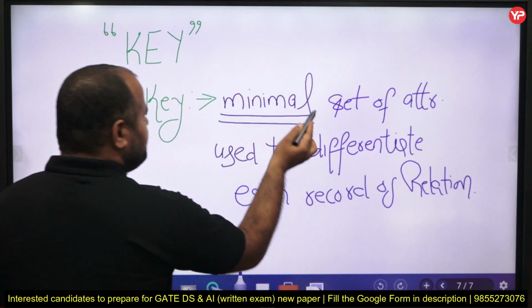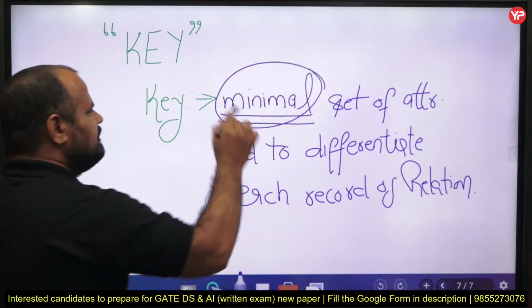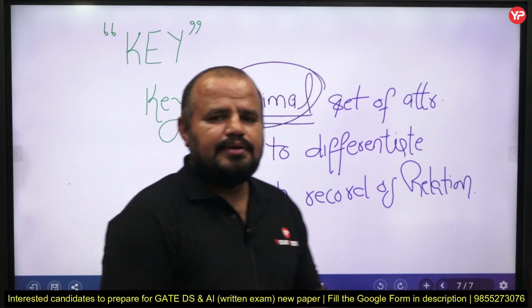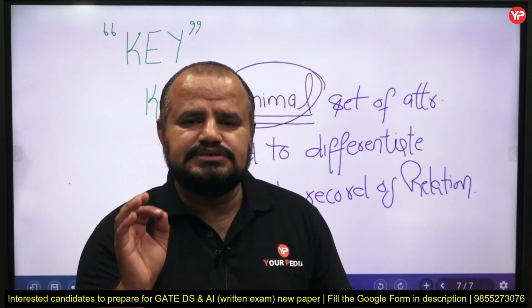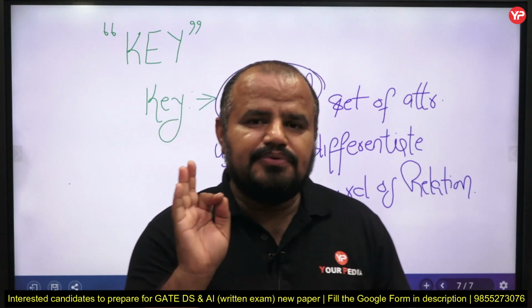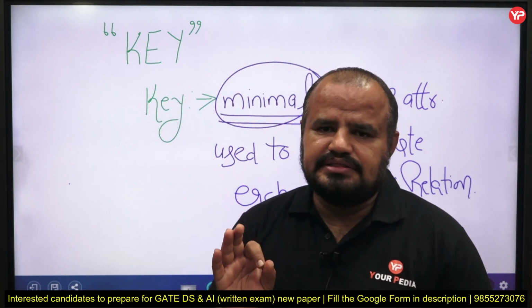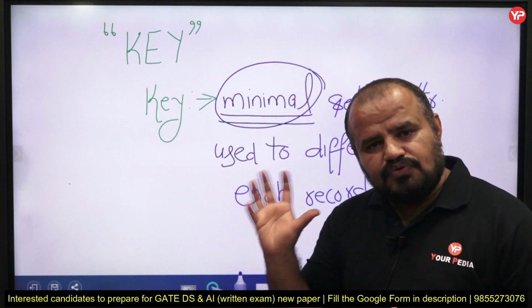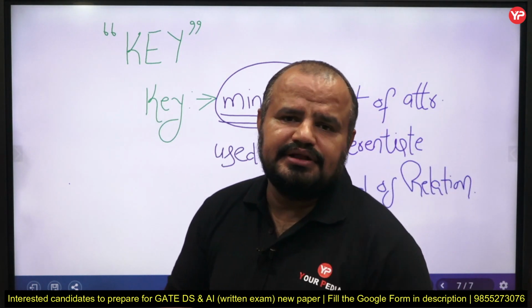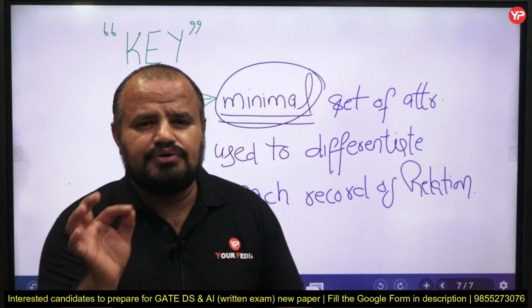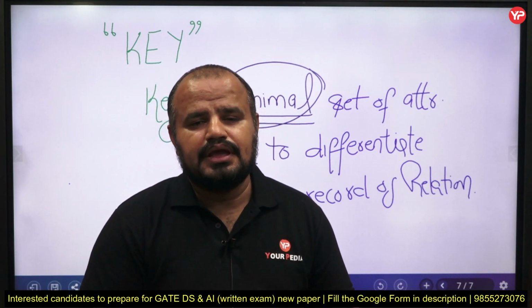So keep in mind, my dear students, the important word is minimal, not minimum. With the help of only the key, I am able to identify each and every record of my database uniquely. How?